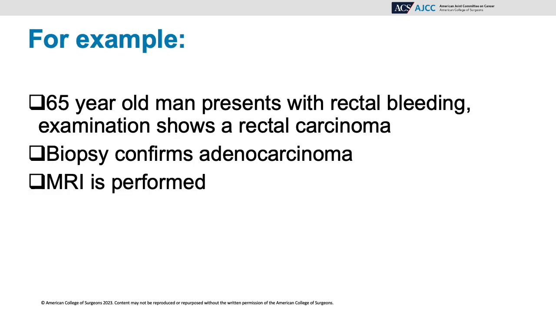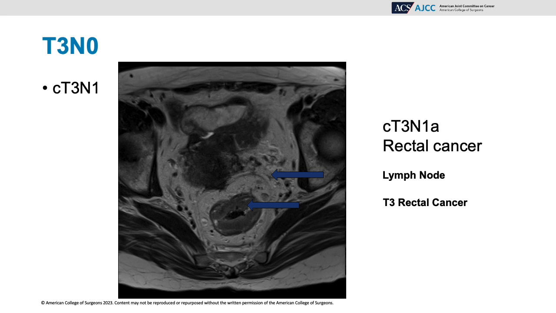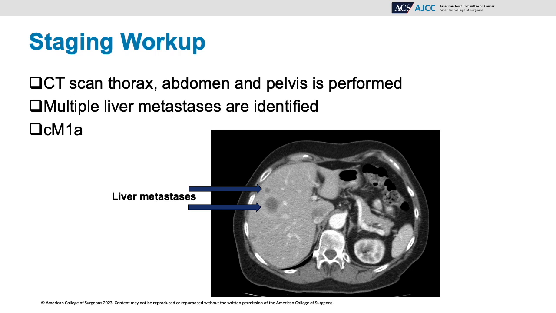So, for example, a 65-year-old man presents with rectal bleeding. On examination, there seems to be a rectal carcinoma. It's biopsied, and it confirms it. And then as part of the staging workup, an MRI is performed. The MRI reveals that it's a T3 N1a rectal cancer with enlarged lymph node and a T3 cancer based on the MRI study.